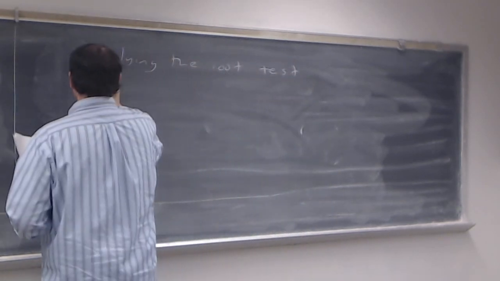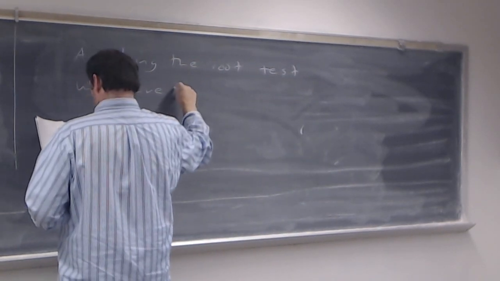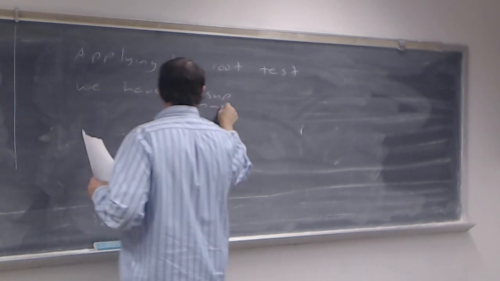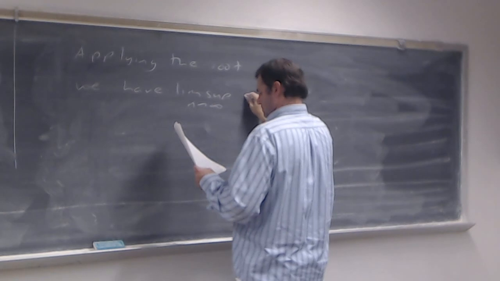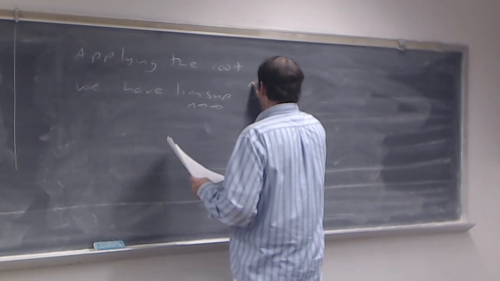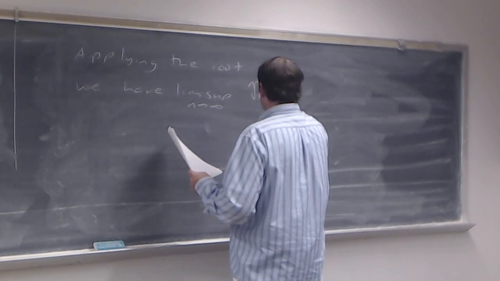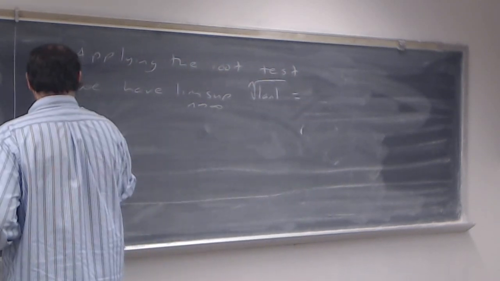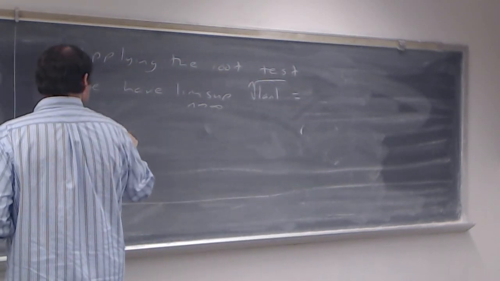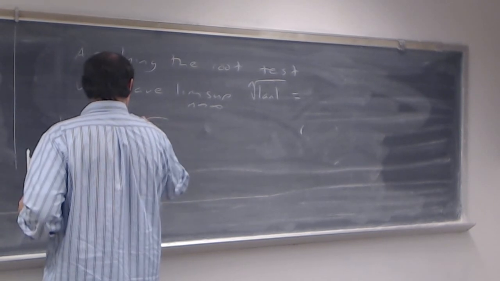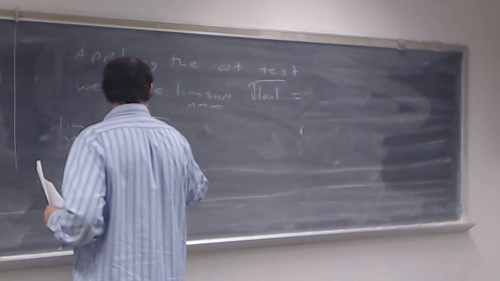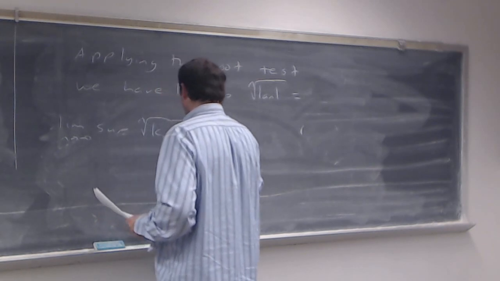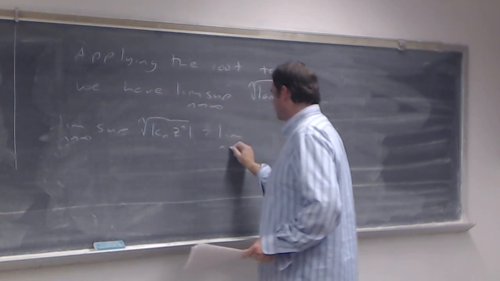We have the lim sup of the nth root of a sub n. And what's that equal to? That's equal to the lim sup of the nth root of the absolute value of c sub n z to the n, which is the lim sup.